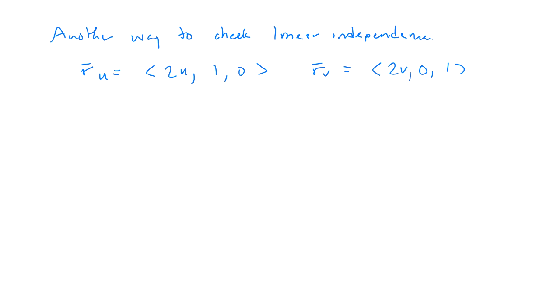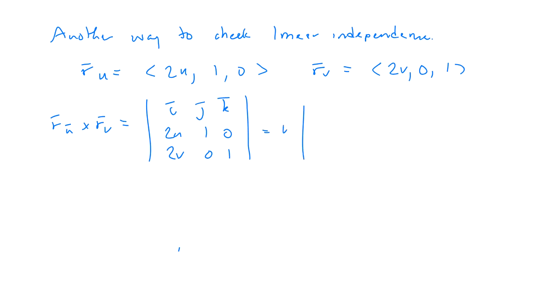So we're going to take the cross product. And we do it in the usual way. It just looks different because now we have variables. So we do this memorization technique, where we do the I times.